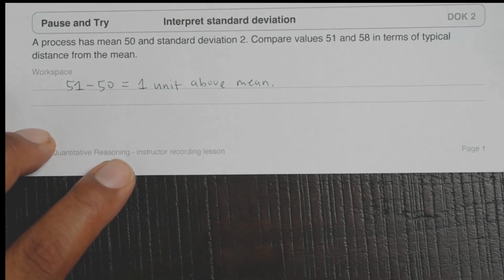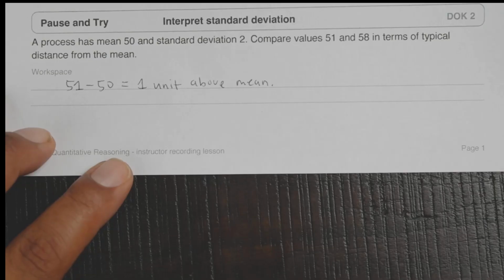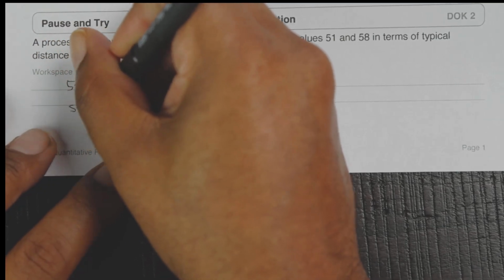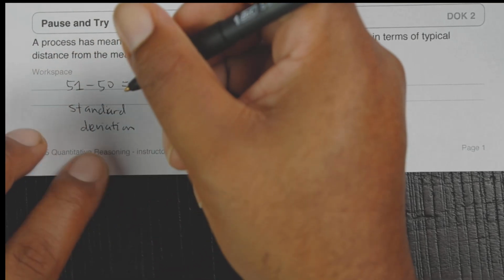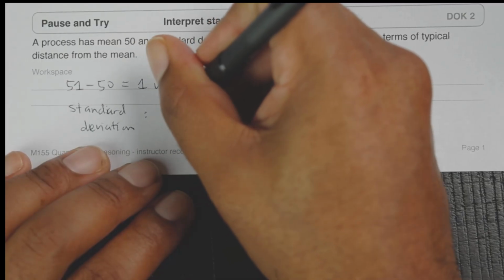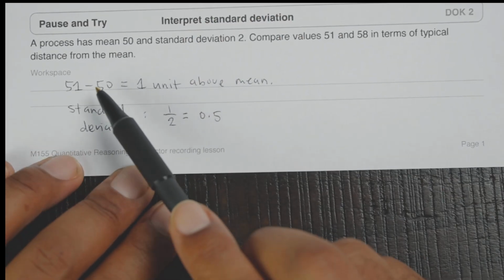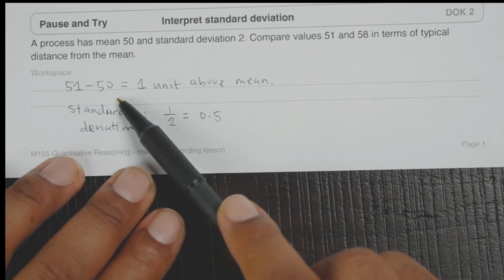In standard deviation units, 1 divided by 2 is 0.5. So 51 is half of a standard deviation above the mean.